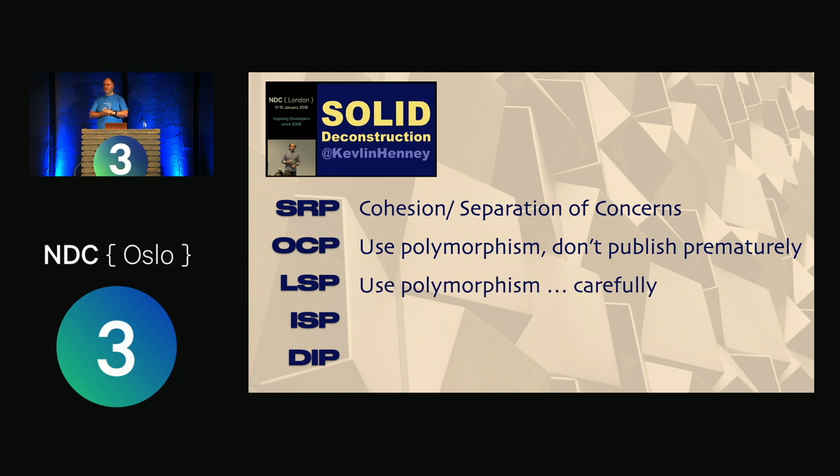And then the Liskov substitution principle, perhaps the most misunderstood of them all. Again, he summarizes it really as use polymorphism, again, but carefully. And really what he meant by that, and I think this only really came out in the discussion at XTC, was that the bit that most people misunderstand is that it's really about contracts, again.